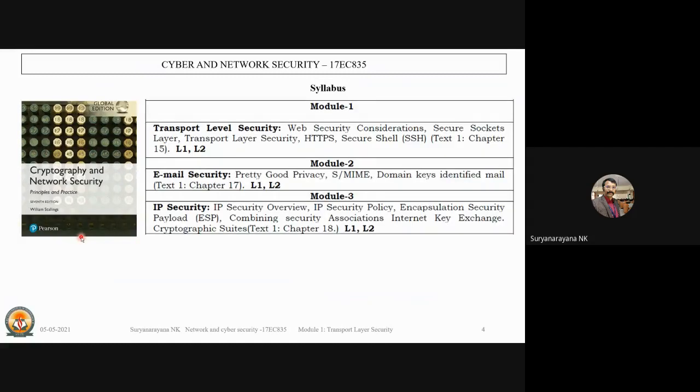Before going into the details of the subject, let us go through the syllabus. This is the syllabus given by the university, and these are the modules that are there in part A of the syllabus.